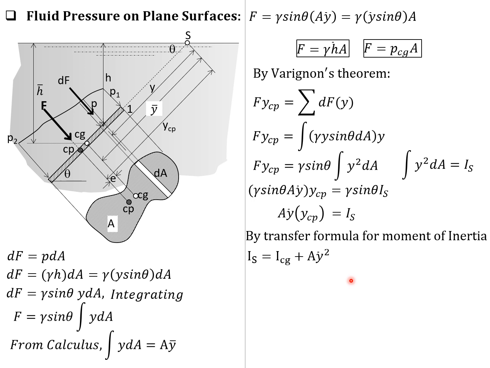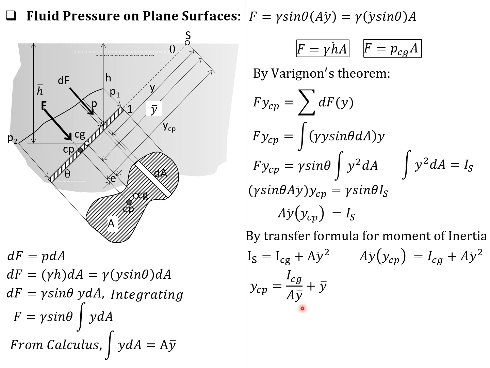So therefore, replacing I sub S by this expression, and after that we divide everything by area ȳ, we have y sub Cp equals I sub CG over area ȳ plus ȳ.